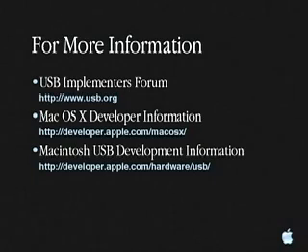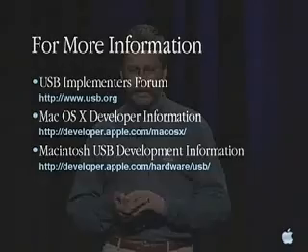You can find Mac OS 10 developer information on developer.apple.com/macosx. And USB information is available on developer.apple.com/hardware/USB. Now, we recently posted up there a Mac OS X SDK, as well as our existing Mac OS 9 DDKs.